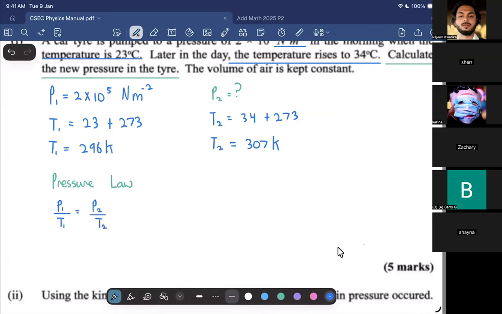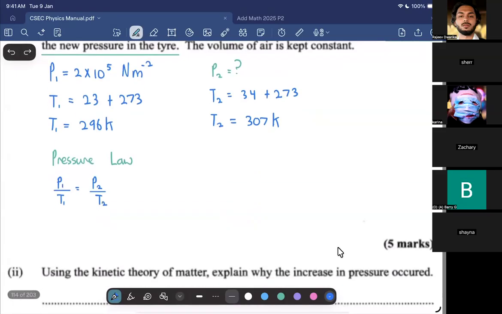Directly. Let me call somebody, Adil. If I increase the temperature, what happens to my pressure? It rises. So is Zachary correct? He says it was directly proportional. Yes, he was correct.